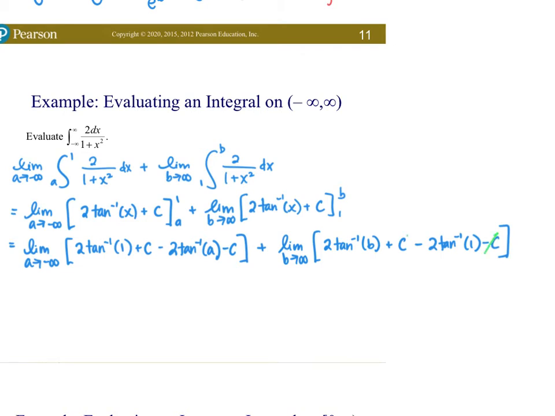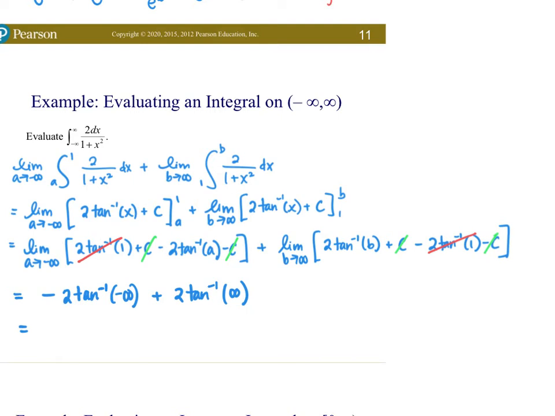All right, so we can clean this up. We also have 2 tangent inverse of 1 minus 2 tangent inverse of 1. So we're left with negative 2 times the tangent inverse of negative infinity plus 2 times the tangent inverse of positive infinity.